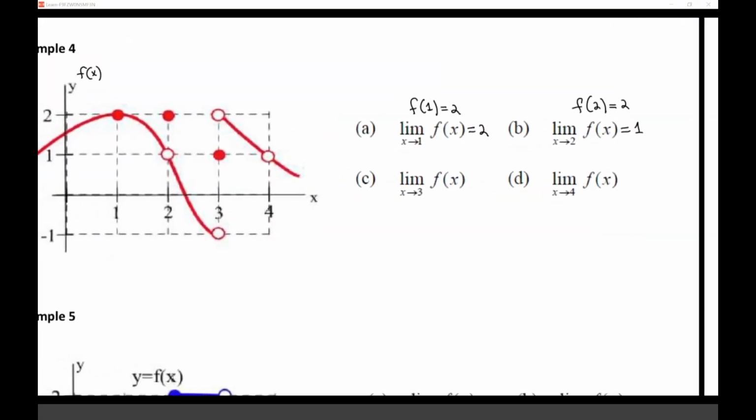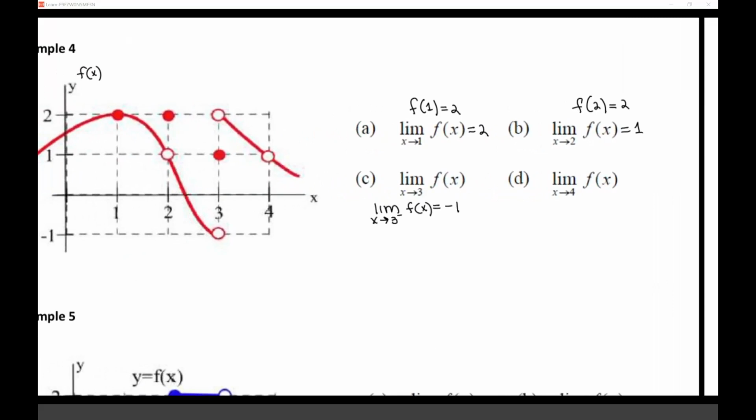All right, let's take a look at x equals 3. As I approach x equals 3 from the left, what y value am I getting close to? -1. So I can say the limit as x approaches 3 from the left-hand side of f of x equals -1.